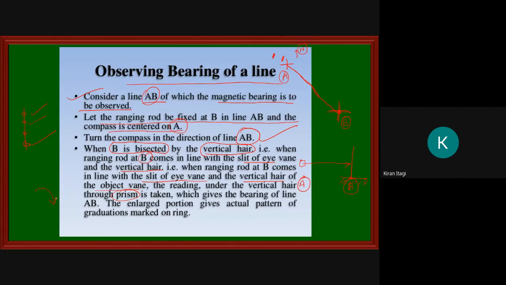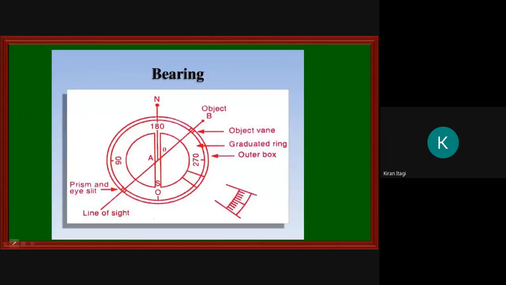Through the prism, we will see the graduated scale, which gives the bearing of line AB. The enlarged portion gives the actual pattern of the graduation marks on the ring. With the help of the prism, we will adjust and see the reading.